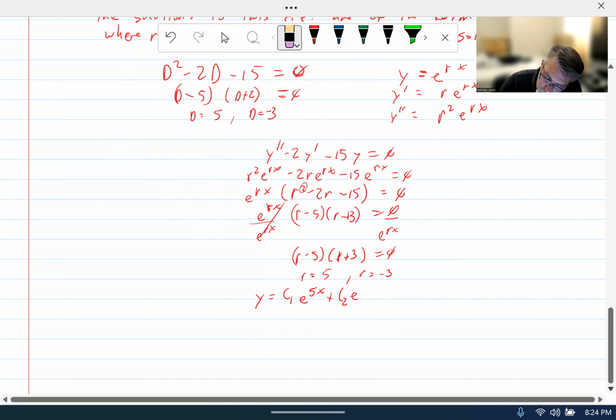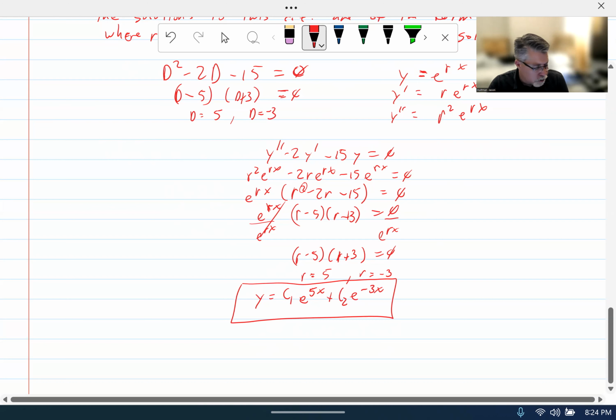And so this would be c2 e to the -3x. Go back over here. There we go. And there's your general solution. This is a general solution.